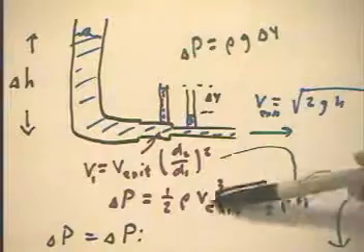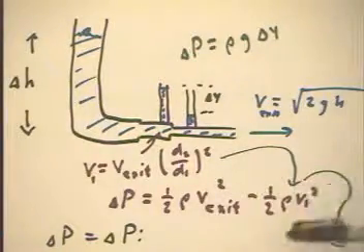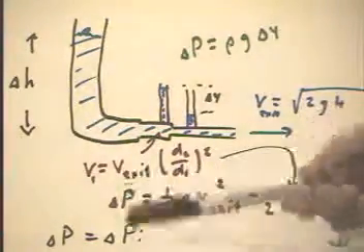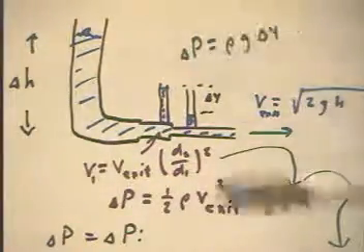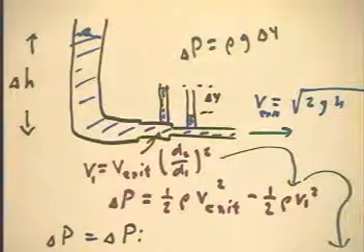Now we've got expressions for these velocities, so that we should be able to find our delta P here. And this delta P should be consistent with this delta P, and we'll see how that works in the next clip.